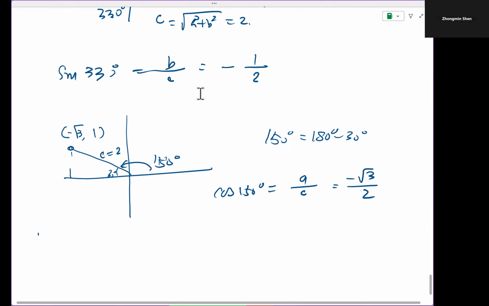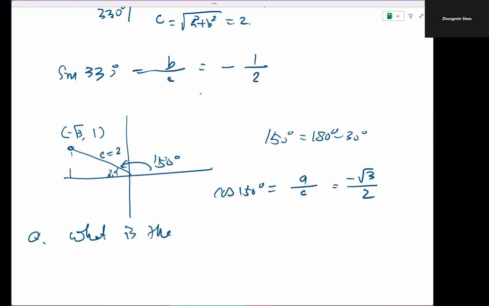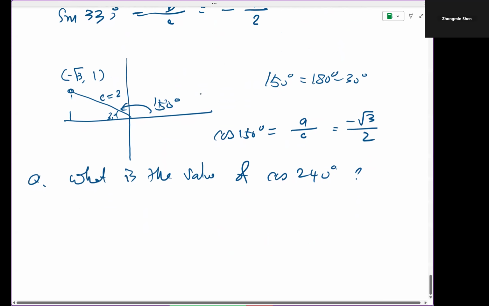Okay, so I want to find out the value of cosine 240 degrees. Please do it. I'll give you 1 minute. Think about it.